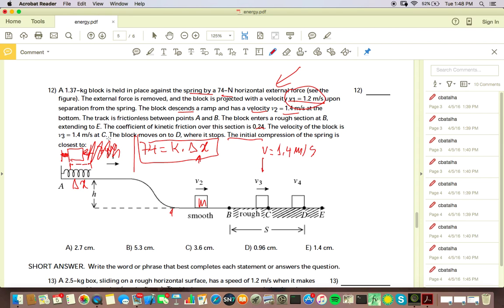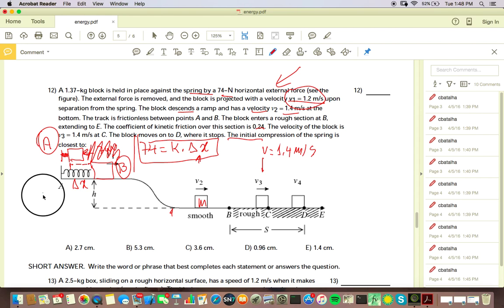So let's take the situation of the block compressing the spring that way, and we call that configuration A. Configuration B is when the block is about to leave the spring, right? And then we can say that total energy that is stored in the spring when the spring is compressed is converted into kinetic energy and the block moves.